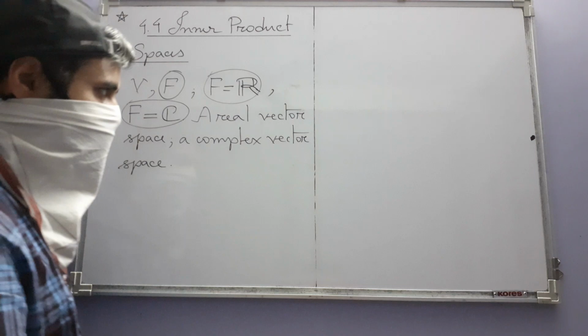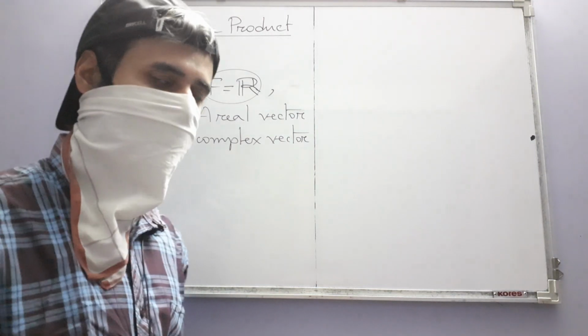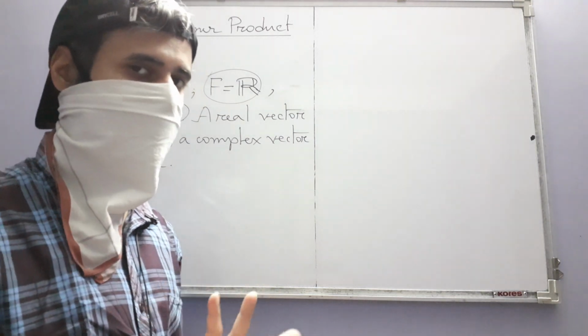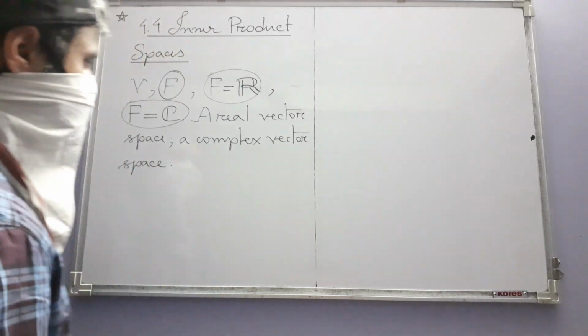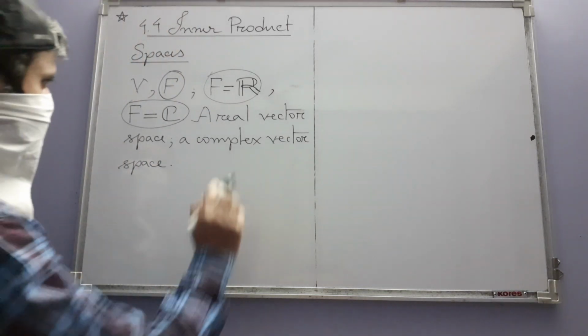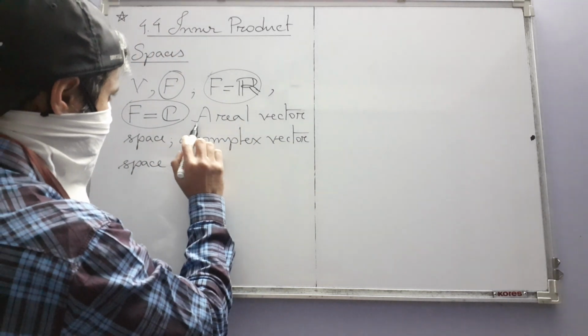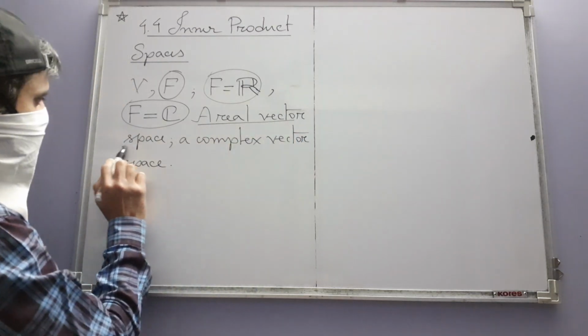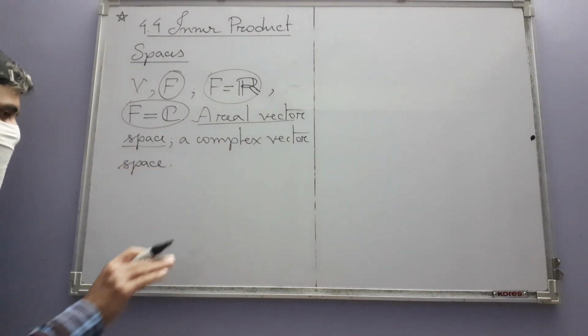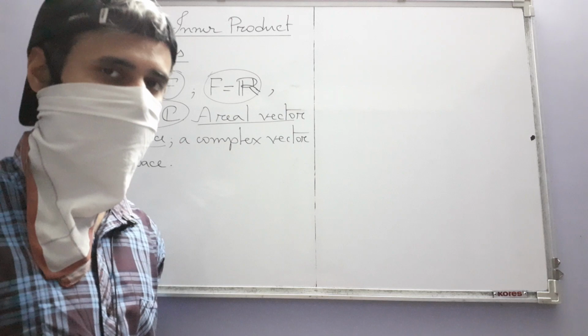Very straightforward names which immediately tell us what the underlying field is. Okay, now we are well familiar with real vector spaces, and in particular two such spaces.